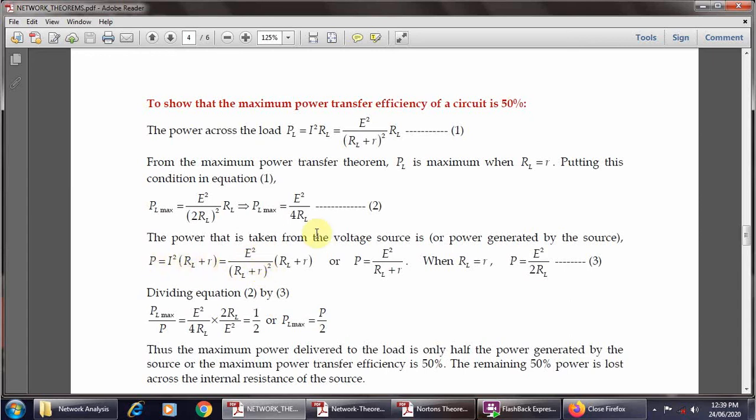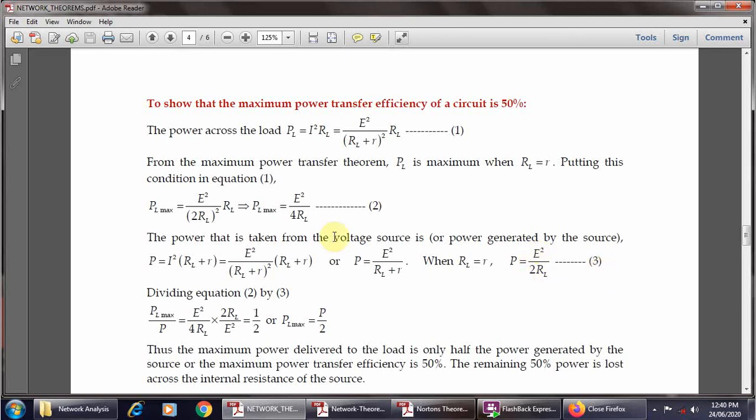Therefore P is equal to E square upon RL plus R bracket raised to square into RL plus R. Again this term gets cancelled out, and the power is equal to E square upon RL plus R. According to the maximum power transfer theorem, RL is equal to R, therefore the power is P equal to E square upon 2RL. This is equation number 3.